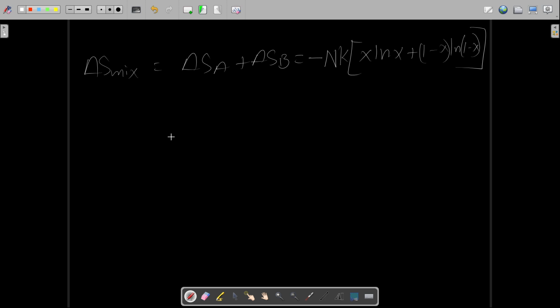We have other formulas for entropies. There's another formula that I want to introduce to you guys. It's also quite straightforward. What is going to be the multiplicity of the mixture? So the total number of molecules, that's N factorial. Now these are indistinguishable, so we need to divide it by the factorial of the amount of molecules in the A gas and the B gas.